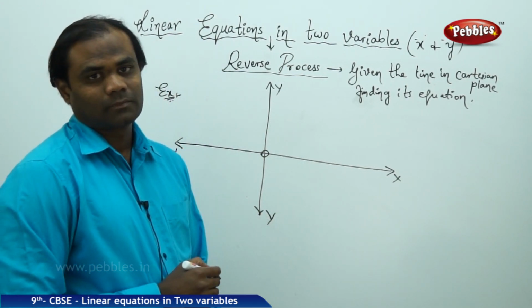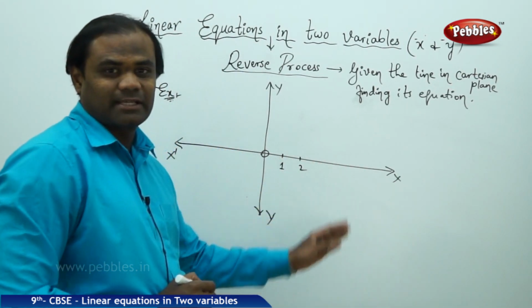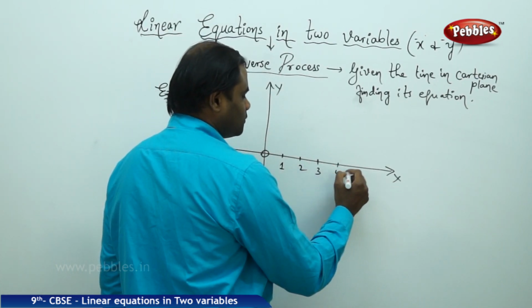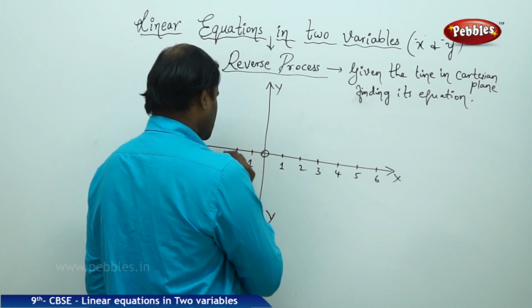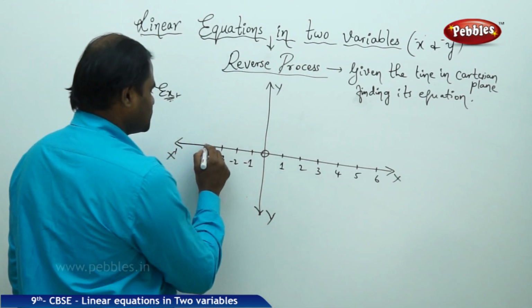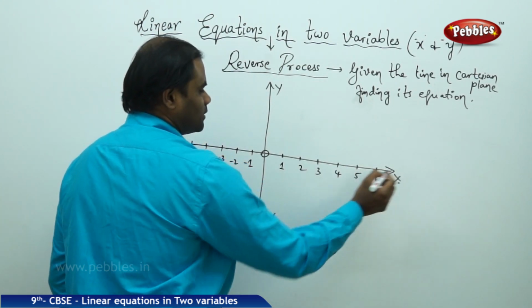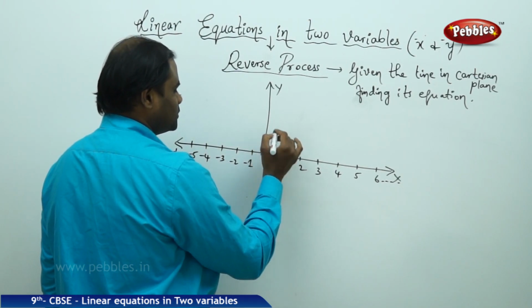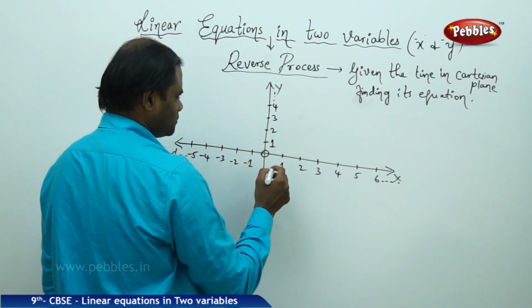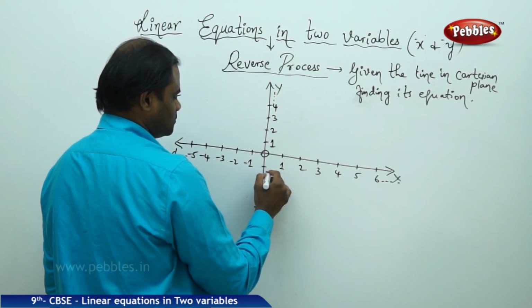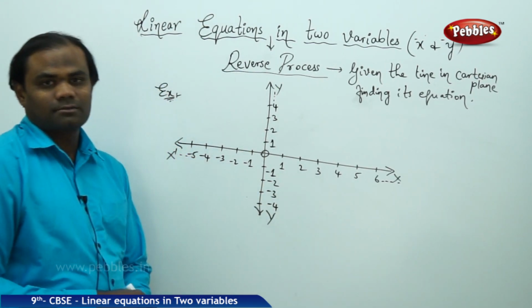dash. Now let me take the scale on x-axis which is 1, 2, 3, 4, 5, 6, -2, -3, and this, and then along y-axis which is 1, 2, 3, and this.